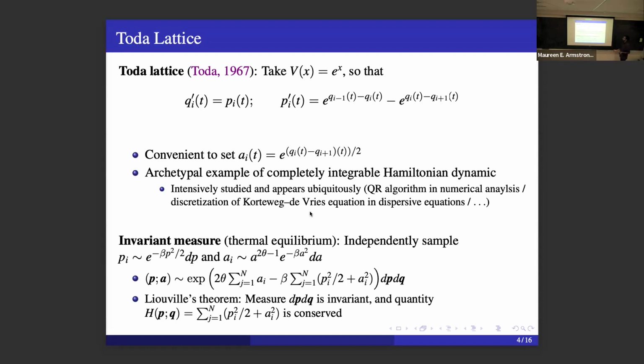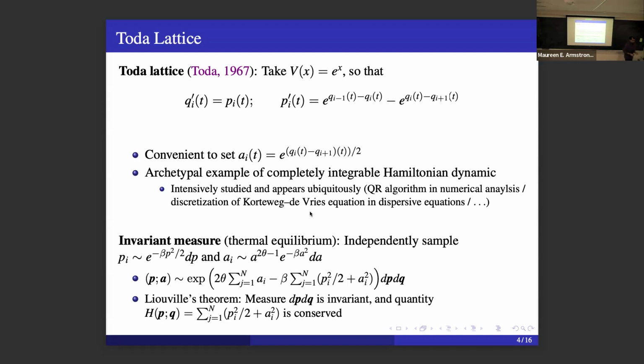Another example is in the context of dispersive PDEs. One of the basic examples of a dispersive PDE is the so-called KdV equation, and this is the very natural lattice discretization of it. It appears elsewhere, whether in integrable probability or in algebraic geometry. The Toda lattice is fairly ubiquitous.